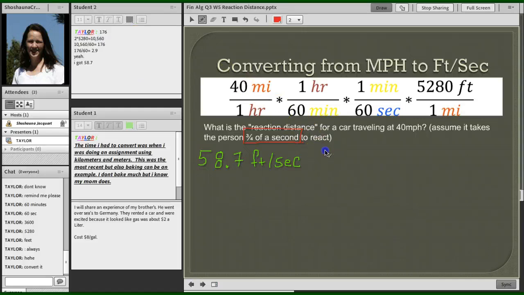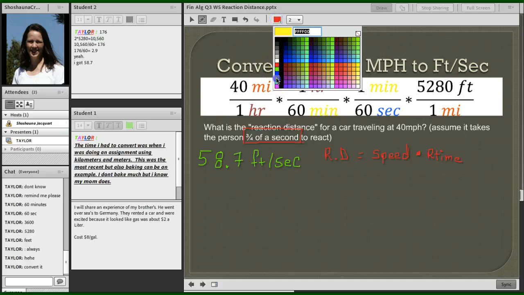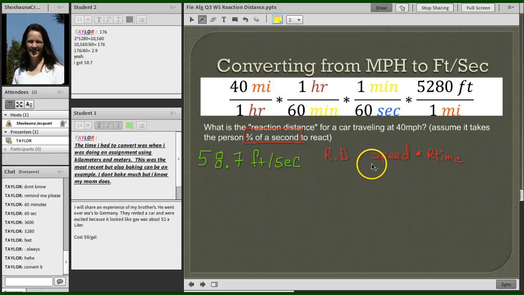We're looking for the reaction distance. Reaction distance equals speed times reaction time. Just as a reminder, if I told you that I go 0.05 miles, you'd say that didn't really help me. So this one we usually want in feet per second, and we've already got that.